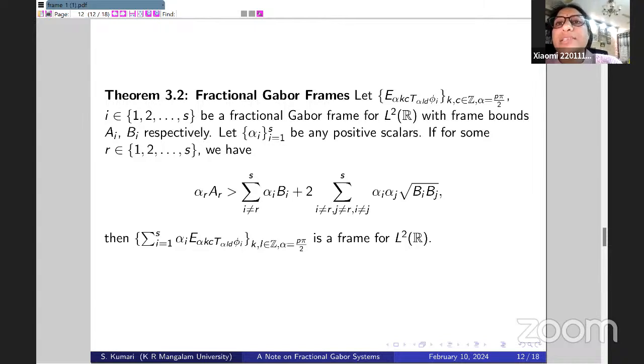In the next result on fractional Gabor frames, let the system E_{αk} T_{αl} φ_i, where k and l are integers and α is pπ/2, and i is any scalar from 1 up to any natural number S, be a fractional Gabor frame for L2(R) with frame bounds A_i and B_i respectively.